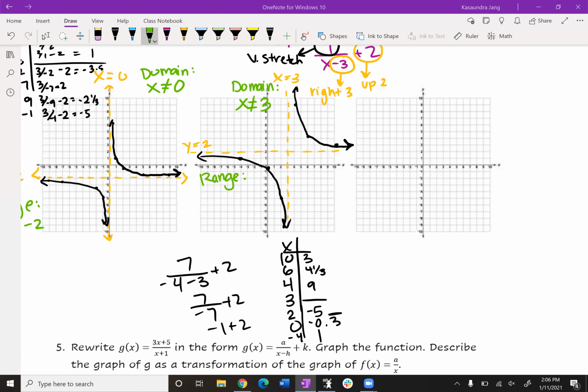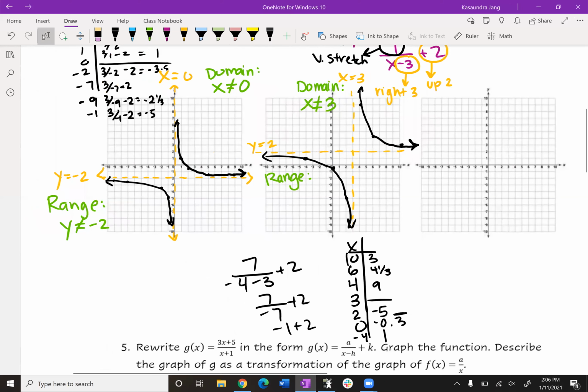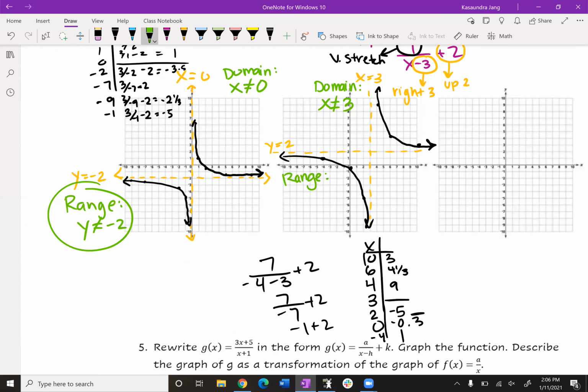Just so I know. Okay, cool. Awesome, so Tabitha, we're looking at the range. What's the range? So if you look at the range on the previous one, it said range is y does not equal -2. So what's the range on this one?